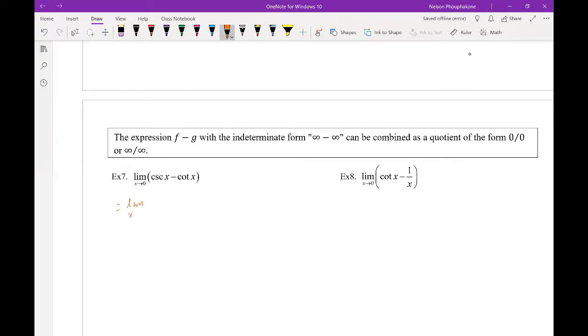So like this one, then I will have 1 over sine of x minus cos of x over sine of x. And then I will have the limit x approaching 0 of 1 minus cos of x over sine of x.